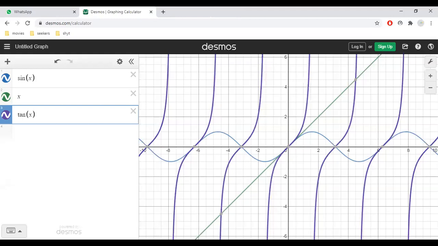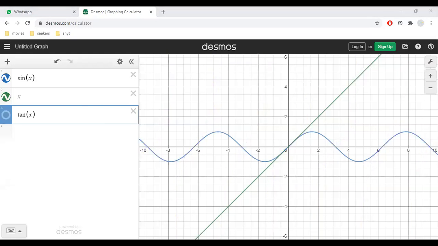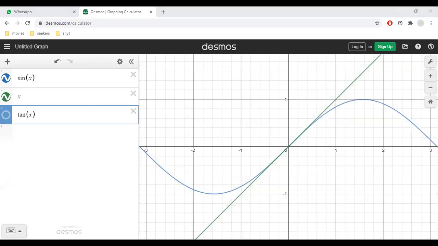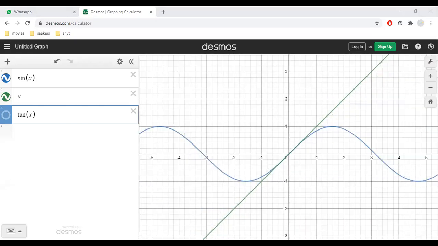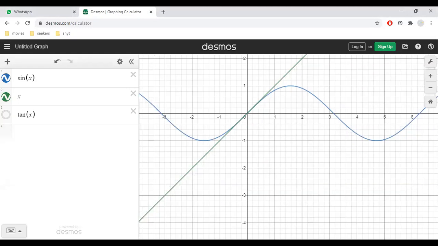Okay, so suppose I am talking about sin x and x. If I look at the overview, we can see that sin x and x around 0 are almost equal.